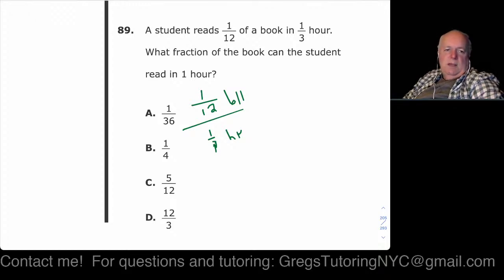Well, it seems to me that if the bottom is 1/3, all we have to do is multiply this whole thing by 3/3. Okay, so basically that means we get 1/12. And this is good because we're just multiplying it by 1. So we get 1/12 times 3 over 1/3 times 3.